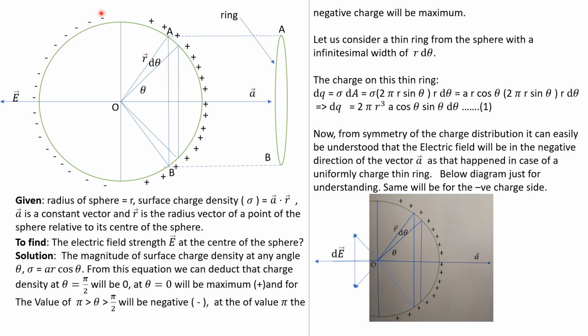The same thing happens here; gradually it goes down, with negative charge magnitude maximum over here. I have given this in the write-up, you can go through it and easily understand. This ring I have drawn to show the end view of this thin ring section. This portion has been shown at the end for better understanding.